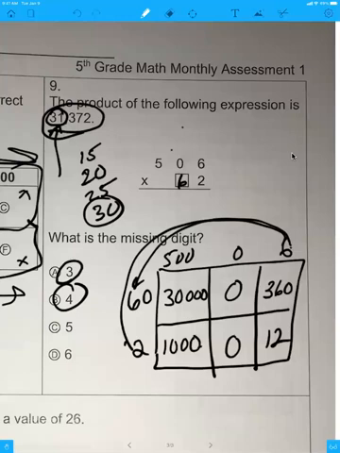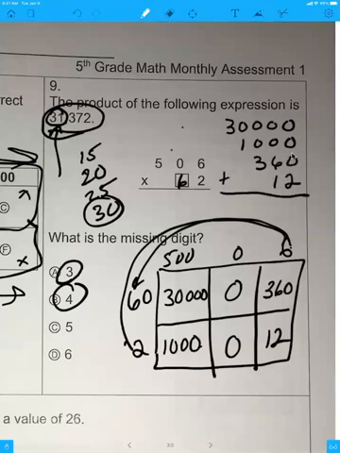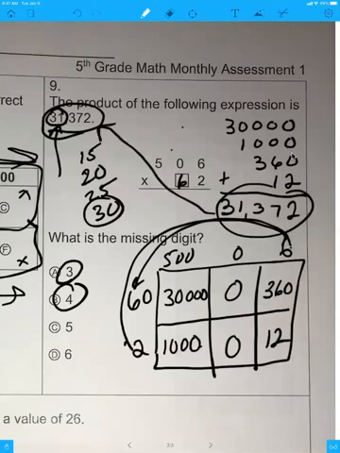So this is why I think this is kind of hard, but you've got to do 30,000, 1,000, 360, and 12. And if you add that all up, you would get 27,313. And that would match that, right?